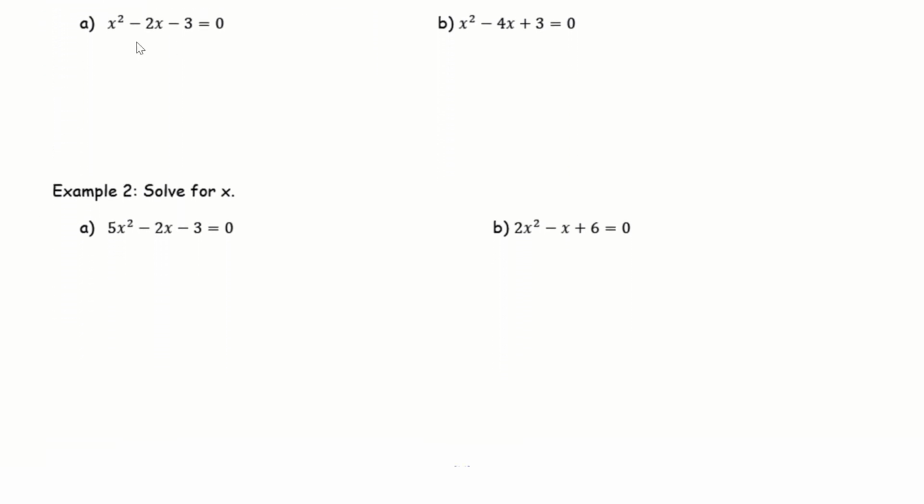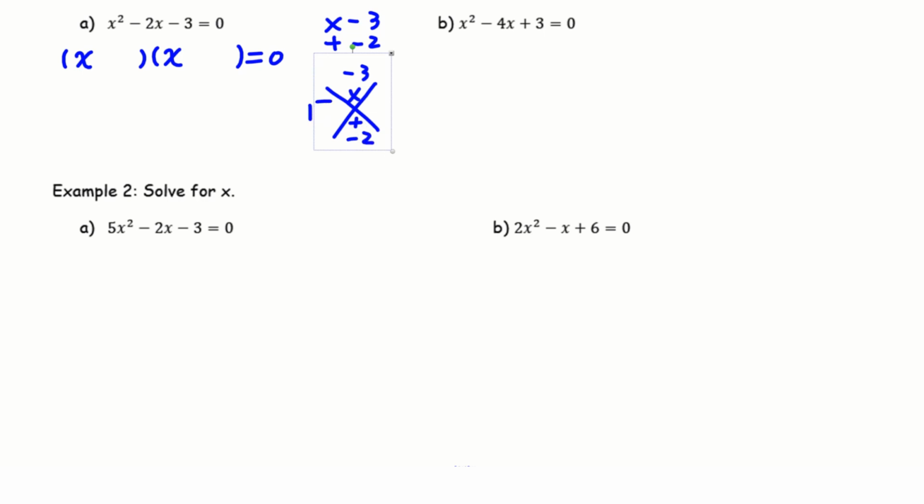This one is a simple trinomial factoring. We are looking for two numbers that multiply to -3 and add to -2. Or you could use the x game: multiply to -3, add to -2. We put the two numbers we found in these two boxes.